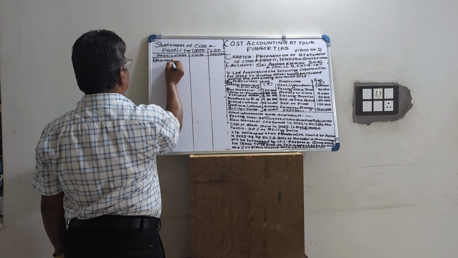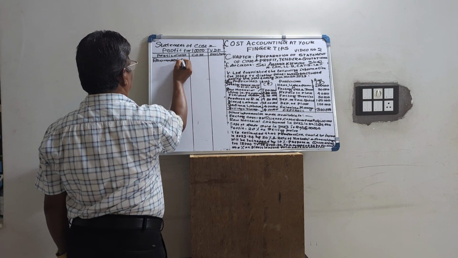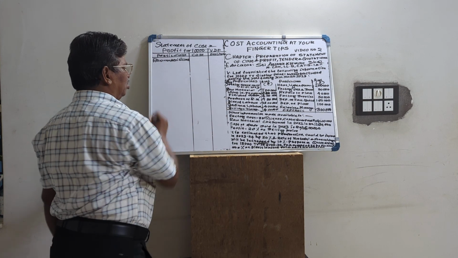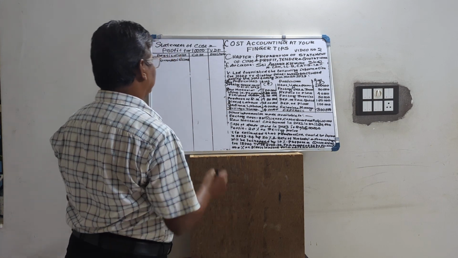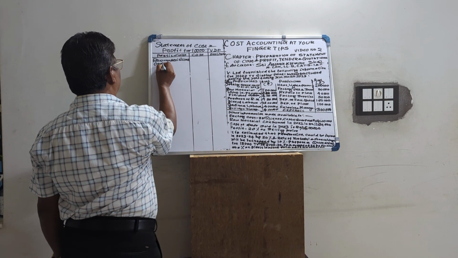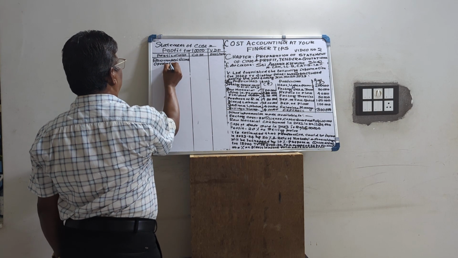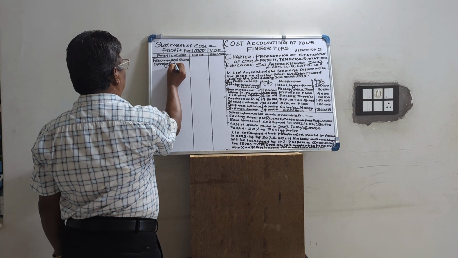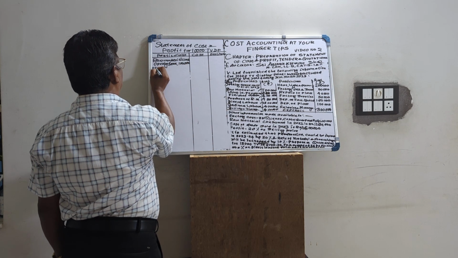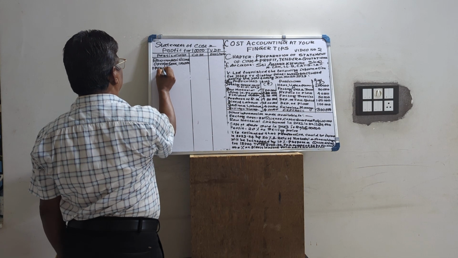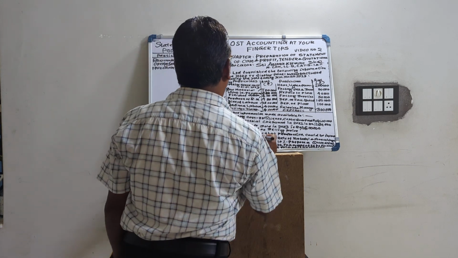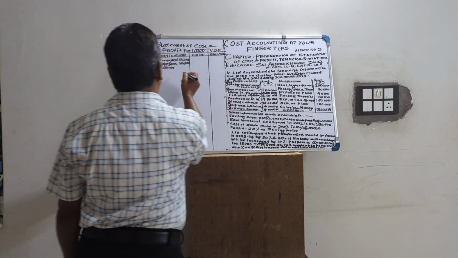The raw material consumed is given. For raw material consumed, we will take into account first the opening stock of raw material, 1 lakh, and purchase of raw material, it is given 9,80,000.